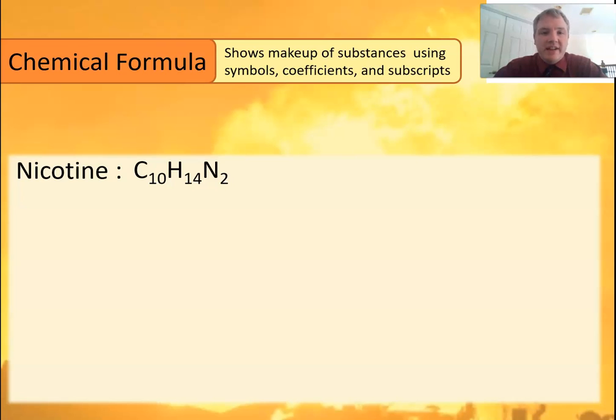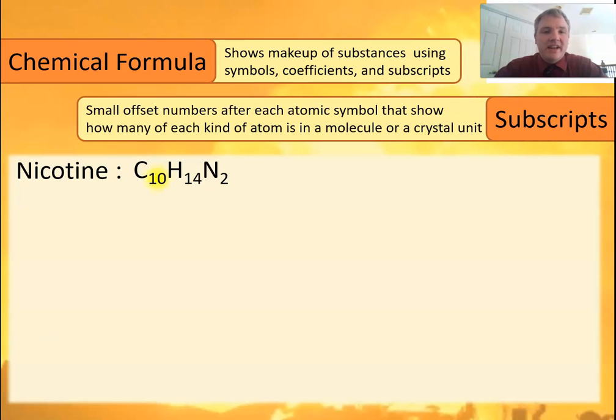Well, C10, that little subscript 10, tells you that there are 10 atoms of whatever the symbol is before. In this case, it's 10 atoms of carbon. And that's what a subscript is. It's a small offset number next to an atomic symbol, and it tells you how many of each kind of atom is in the molecule or the crystal unit. In this case, we have 10 carbon atoms because it always follows the atom.